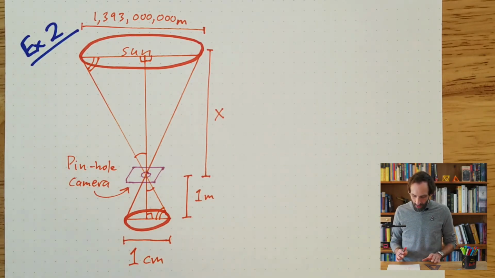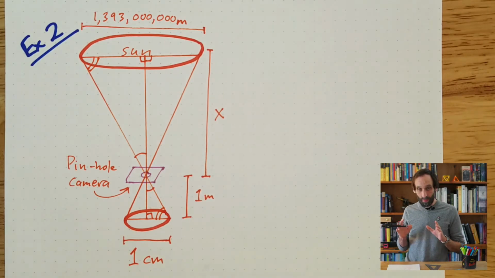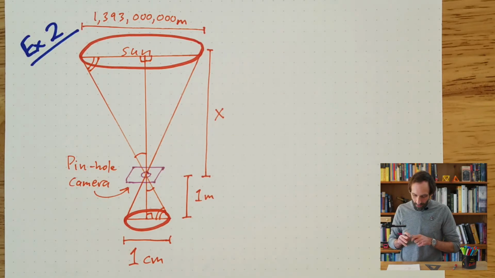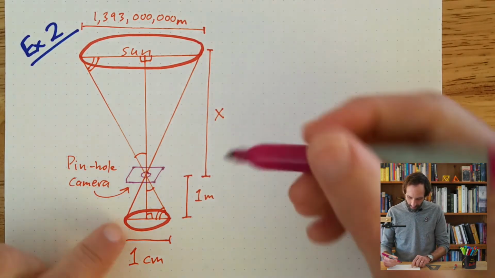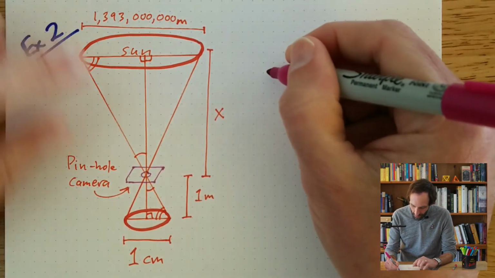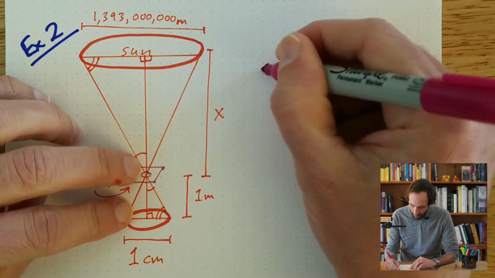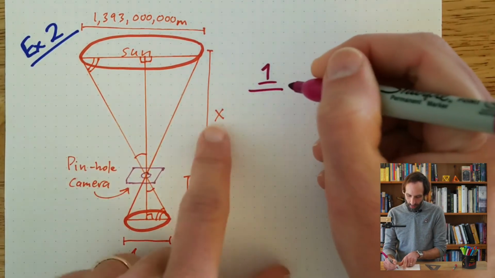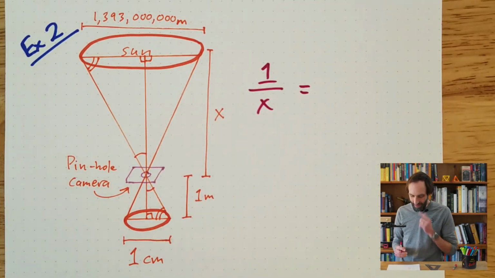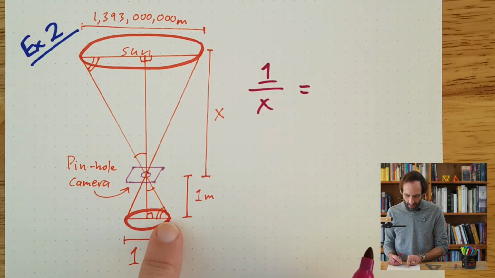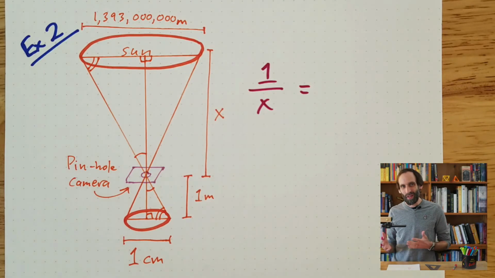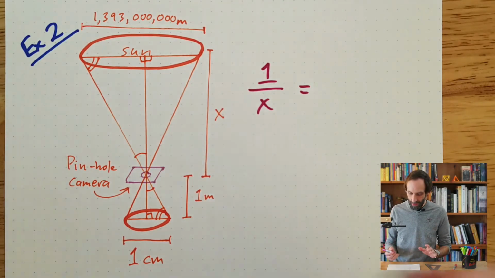Okay, so let's set up our fractions, our proportionality. So first, I'm going to do this the height one. So I'm going to say, okay, 1 meter for this triangle here over x for this triangle here is equal to, now technically I'm going to say half of a centimeter and half of the diameter of the sun, but actually since I'm dividing both of them in half, it doesn't actually make a difference.